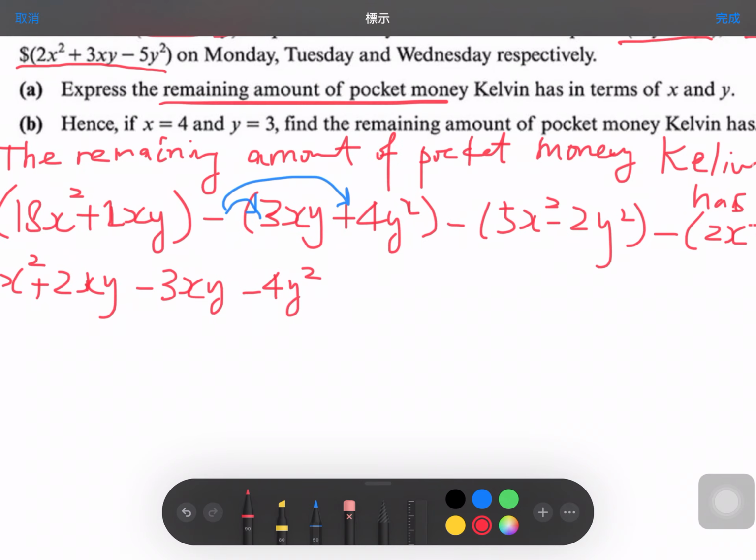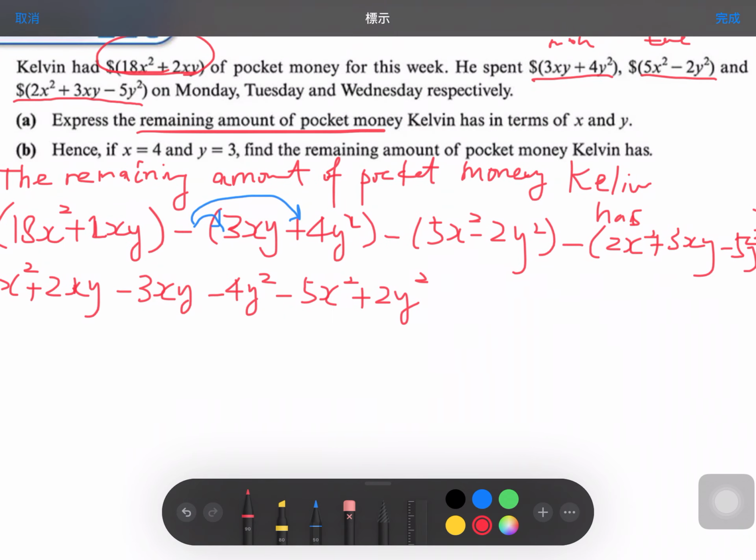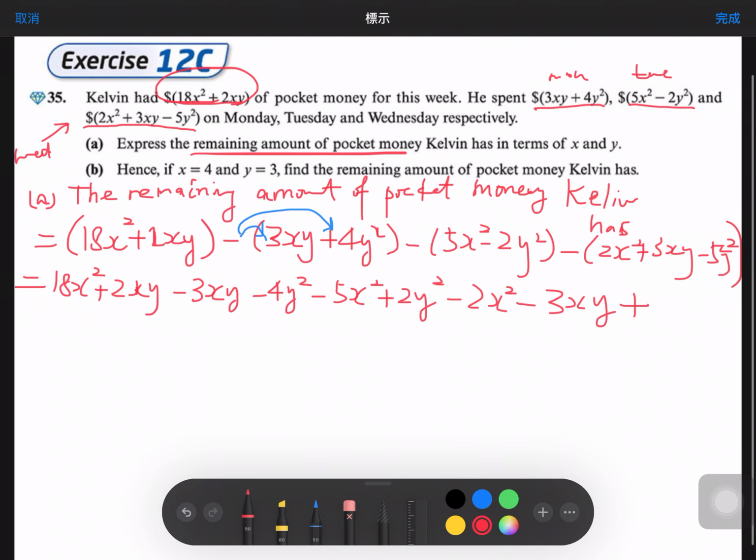Then the next term, minus 5x squared, and the next term becomes plus. It becomes a positive sign because two minus signs multiply together. And then for the next term, minus 2x squared, and the next minus 3xy, and then plus 5y squared.